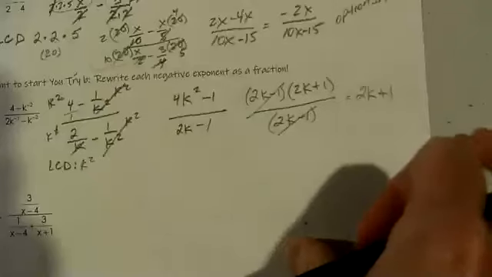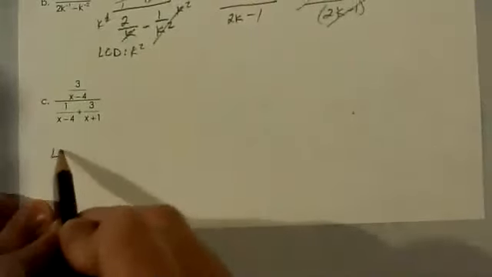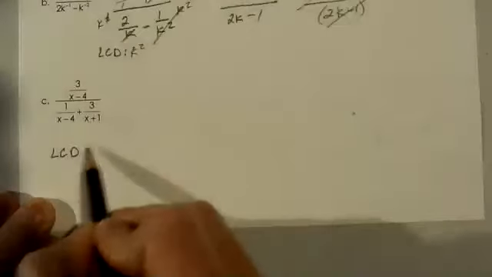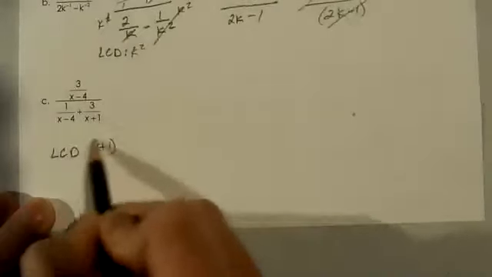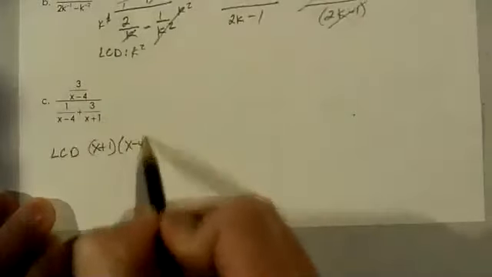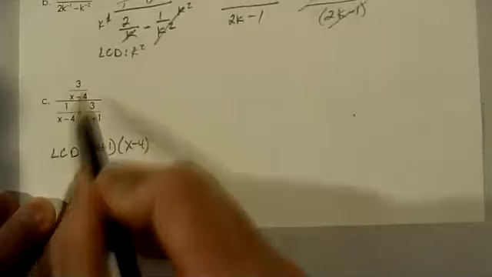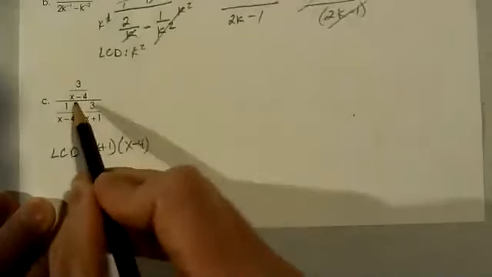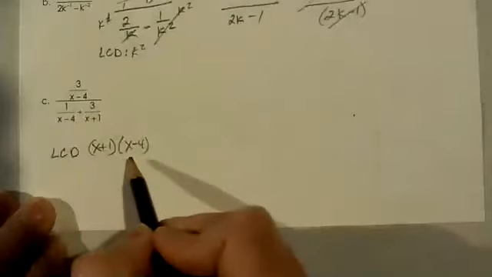Last one. So nice and simple here. This is the LCD. So we know that an x plus 1 is going to be part of our LCD, and x minus 4 is going to be part of our LCD, and this also needs x minus 4. So we don't need another one.